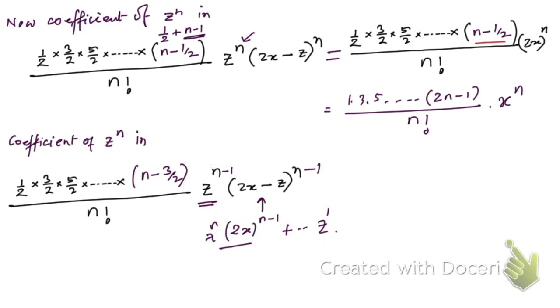So now let me write this here properly. What is the second term exactly of this expansion of this binomial?